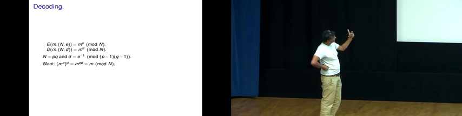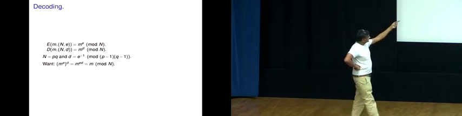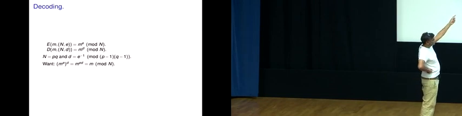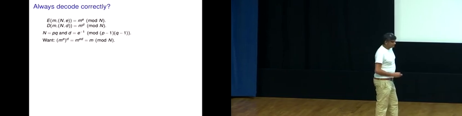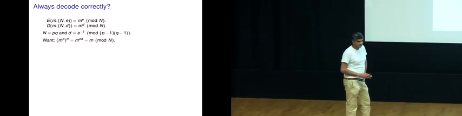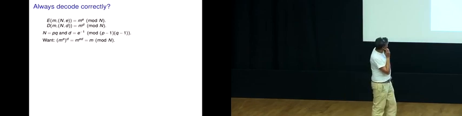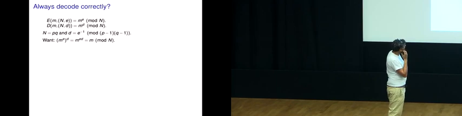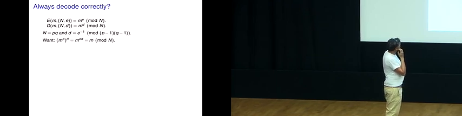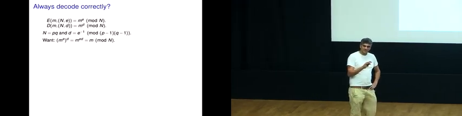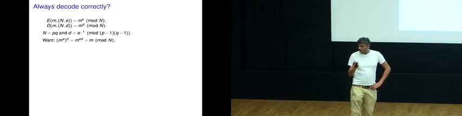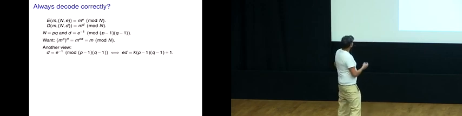Then the decoder gets it and raises it to the D. So what should happen is M to the E D, since you multiply exponents when you raise it this way, should equal M. That's what we need to prove: that M to the ED is equal to M mod N. Already you see there are P minus 1s and Q minus 1s in the exponent, and N is mod P and Q. You know that something raised to the P minus 1 mod P is 1, so you have some nice properties to work with. We built up some structure.